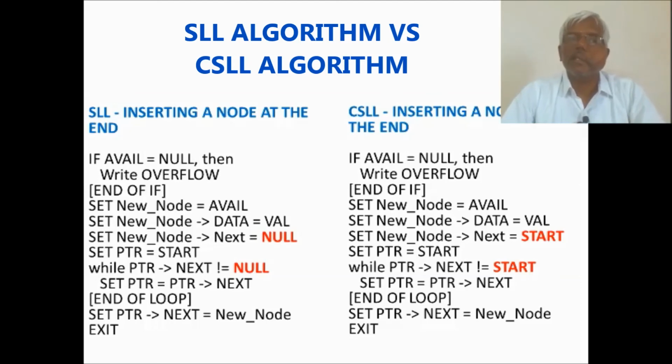Here we see the comparison of two algorithms, singly linked list and circular singly linked list, almost mirroring each other. On the left side is the singly linked list algorithm, on the right side the circularly singly linked list algorithm. As I said before, the only change is that instead of null, you make it start. So in two places we replace null with start. In this way we can write the circularly singly linked list algorithm from the existing singly linked list algorithm.